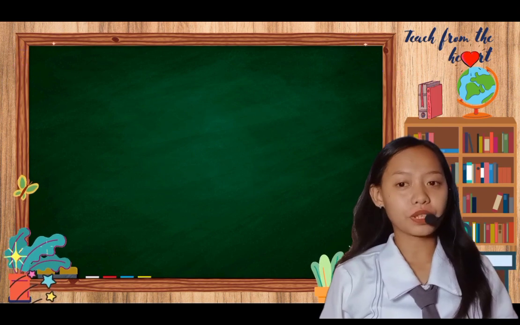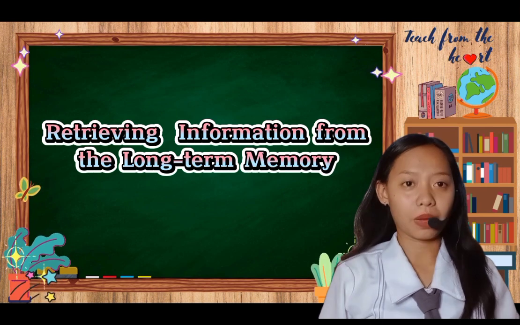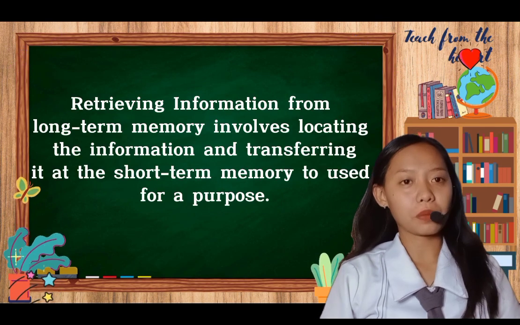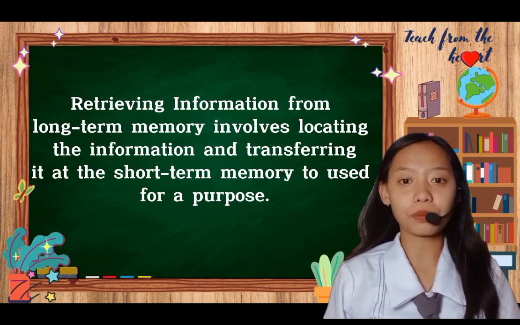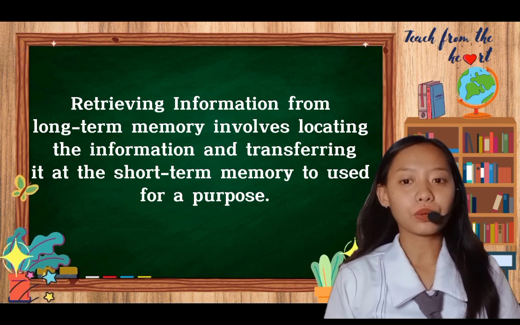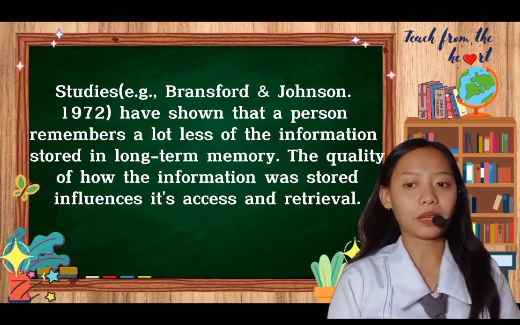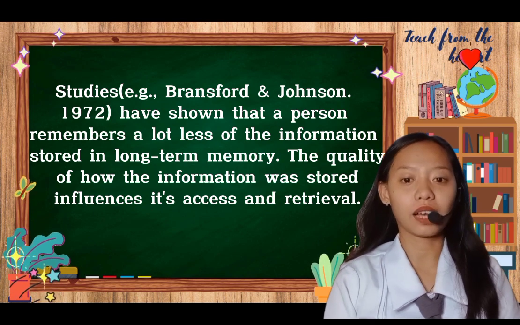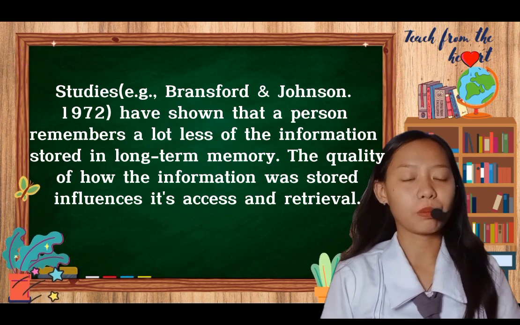So, let's proceed to the retrieving of information from long-term memory. Retrieving information from long-term memory involves locating the information and transferring it to the short-term memory to use for a purpose. Studies have shown that a person remembers a lot less of the information stored in long-term memory.